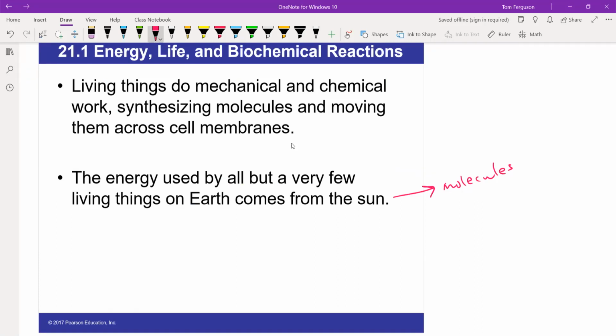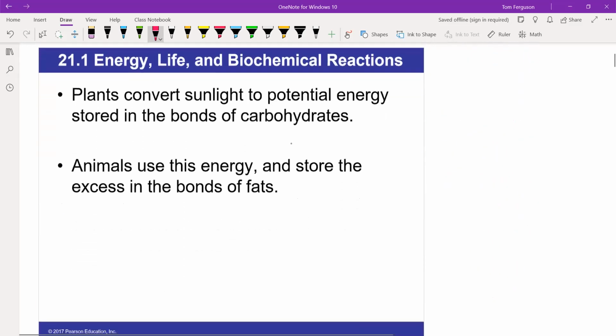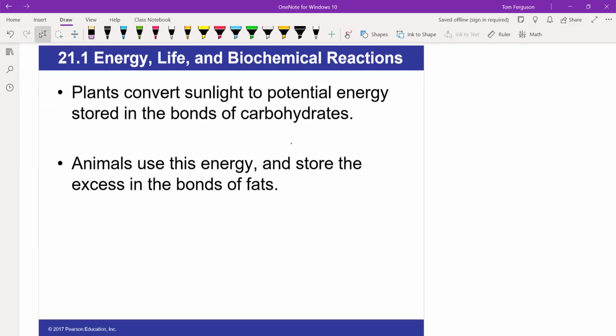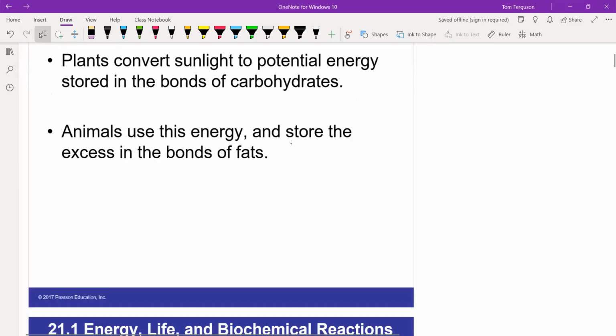And those molecules then store potential energy in bonds. And then we can utilize those molecules and interconvert the bonds into useful energy, which this slide talks about.